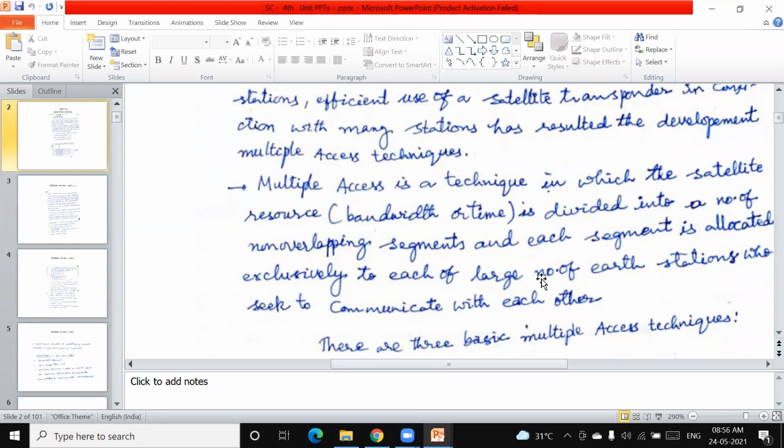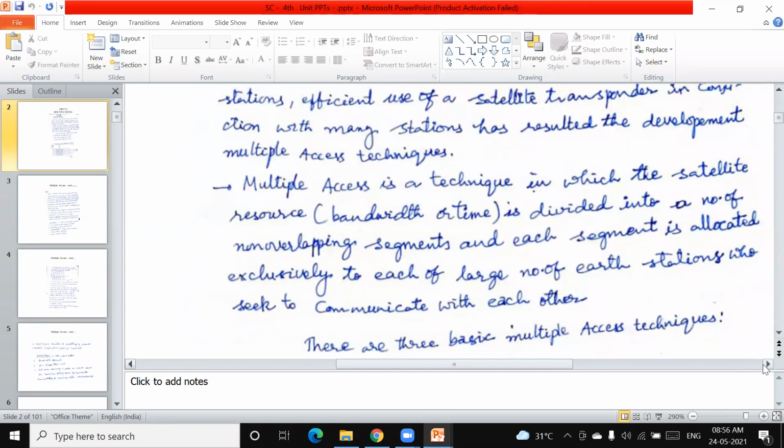Let us say the satellite resource has been divided into three segments. One segment is allocated to a certain group of earth stations, the second segment is allocated to a second group of earth stations, and the third segment is allocated to the third group of earth stations, the earth stations that seek communication with each other.